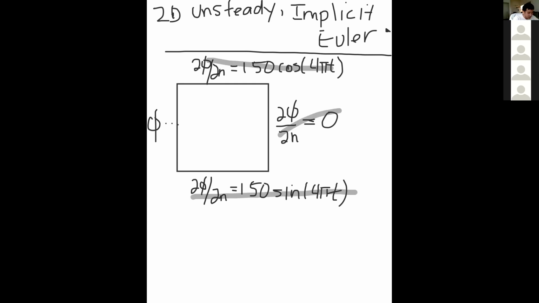Just like we did before, these Neumann conditions will turn into an algebraic equation. Let's do just the bottom one, just so you can see. On the bottom, we had d phi dn is equal to 150 sine of 4 pi t.